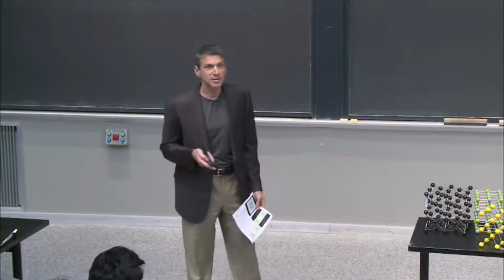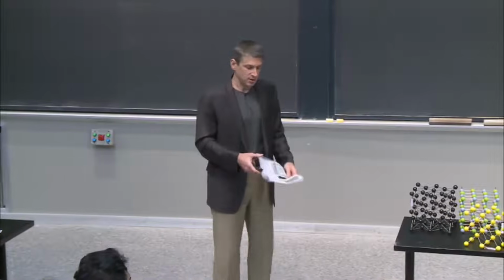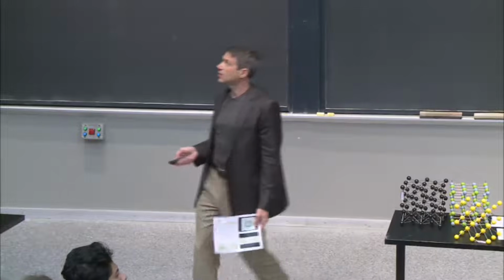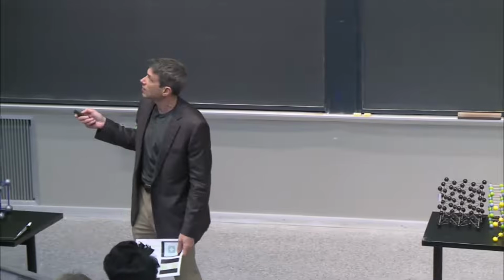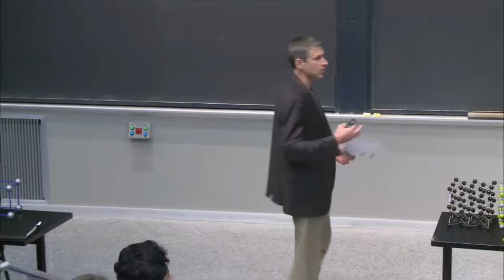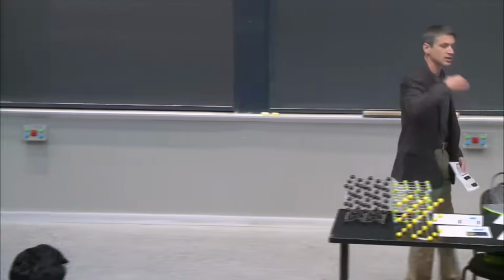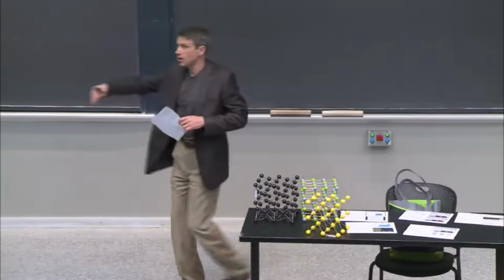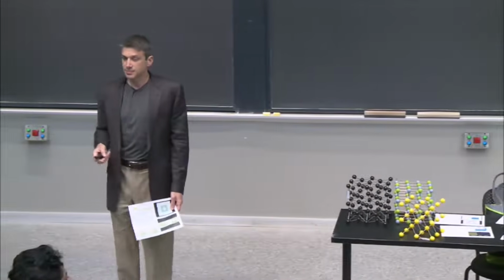How do I pack them in? Well, I could fit them randomly, but it doesn't seem like I could get as many seeds on there. What if I pack them in some regular pattern? Oh, well, you can pack a lot more in. And so nature has already been thinking about symmetry and order and even long-range order for a long time.